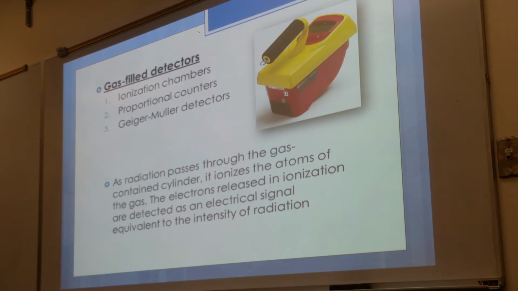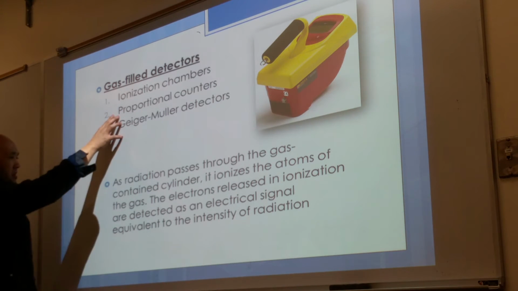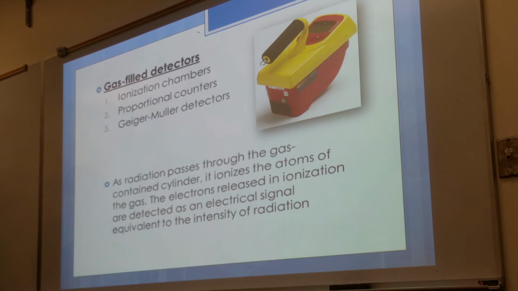So the way they work is as radiation passes through the gas-contained cylinders of any of these three, remember one of the properties and characteristics of X-rays is that it has the ability to ionize air. This is where these come in. So as X-rays pass through the gas-contained cylinder, it ionizes it.